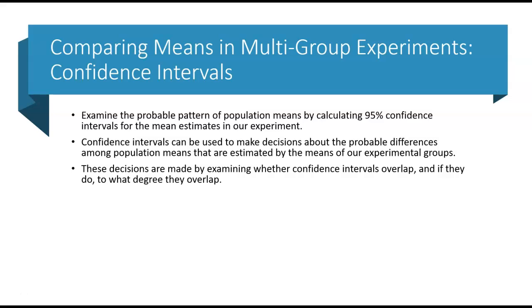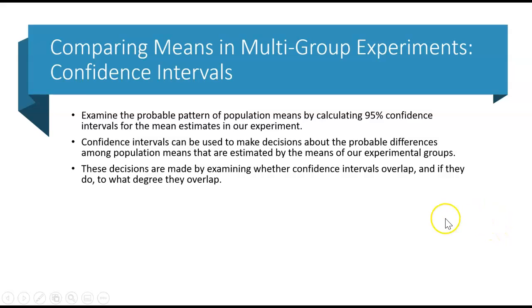So if the confidence intervals for the means overlap too much, that suggests that they are not in fact different populations, they are the same population, and therefore whatever mean differences you're seeing are probably more likely due to error than they are to an actual meaningful effect.